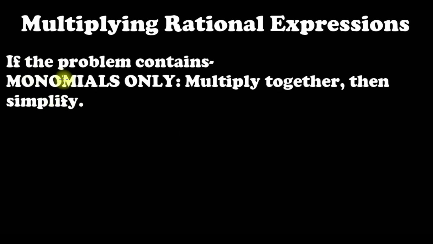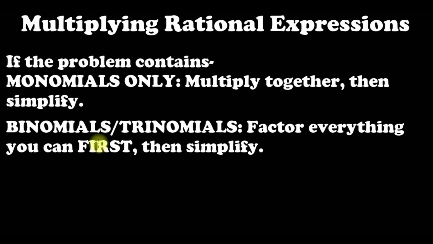So if the problem contains monomials only, you multiply together, meaning you multiply your numerators, you multiply your denominators, and then you simplify. Now, if it has binomials and trinomials, you want to factor everything you can first, then simplify. Okay, so let's take a look at an example here.